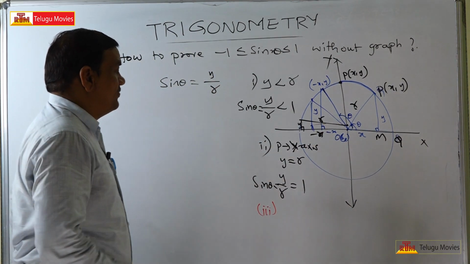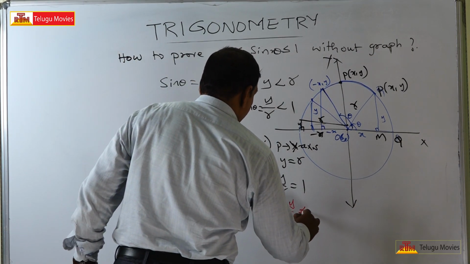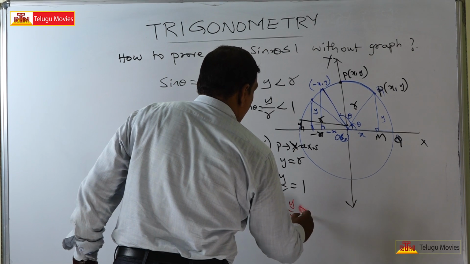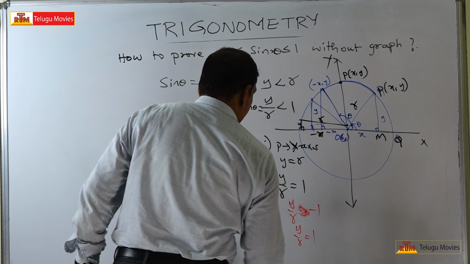Understand this? So therefore, here also we will get y by r greater than minus 1, that is, not less than minus 1, and y by r equal to 1.